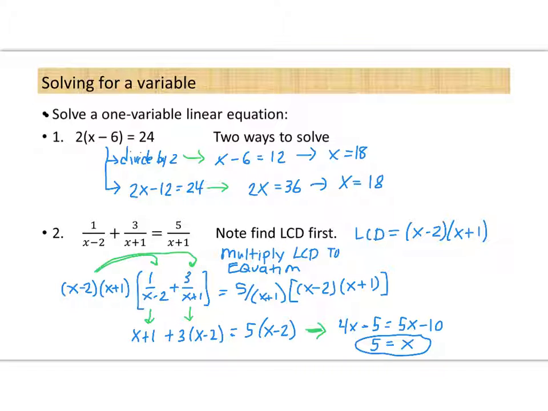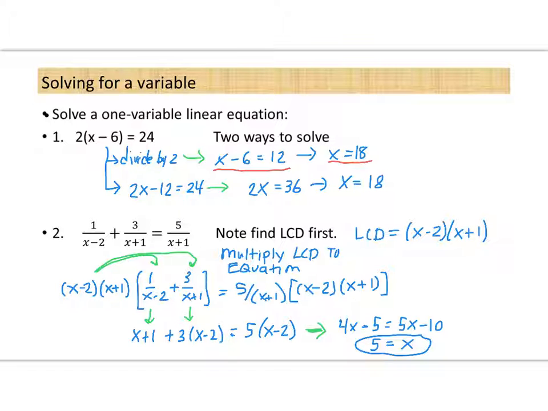For the problem 2 times (x minus 6) is equal to 24, I could divide both sides of the equation by 2 and I end up with x minus 6 is equal to 12, and then when I add 6 to both sides I end up with x equals 18.